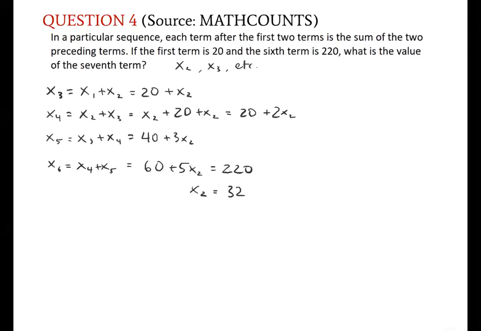So now what we want is x7, the seventh term. And we know that x7 is equal to x5 plus x6. And we can denote that as 40 plus 3x2 plus this.